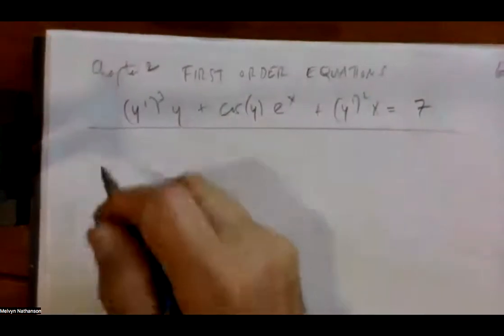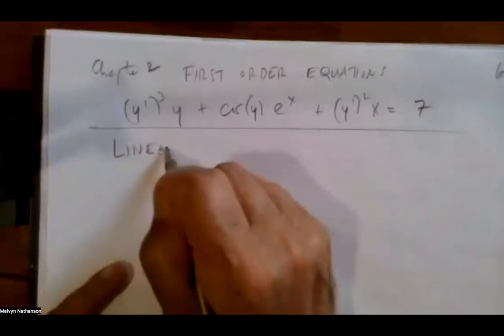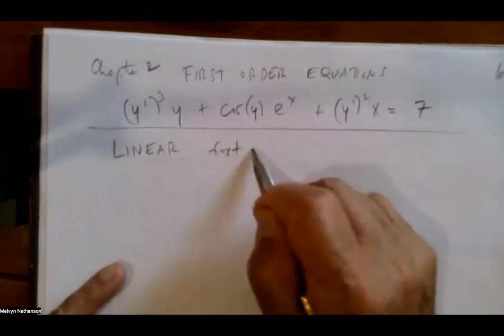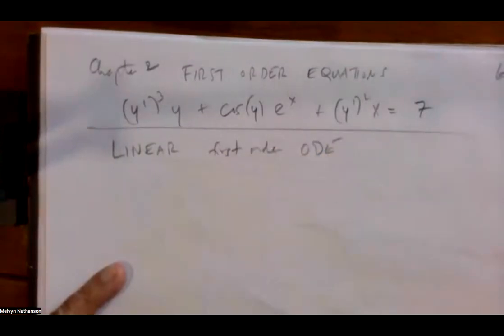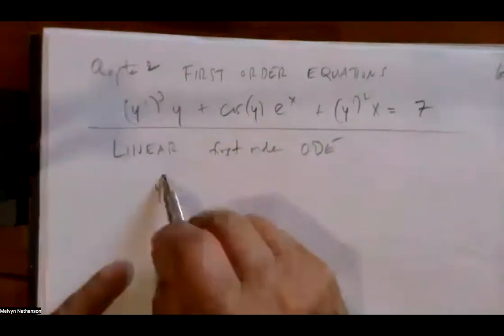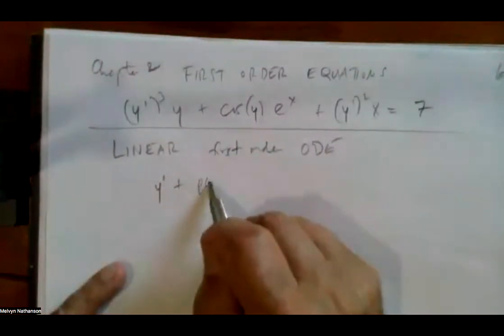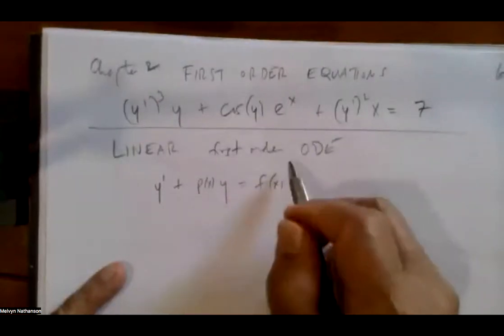And we're going to start with what are called linear first order ordinary differential equations. And a linear first order equation is always of this form: y prime plus some function of x times y equals some other function of x.